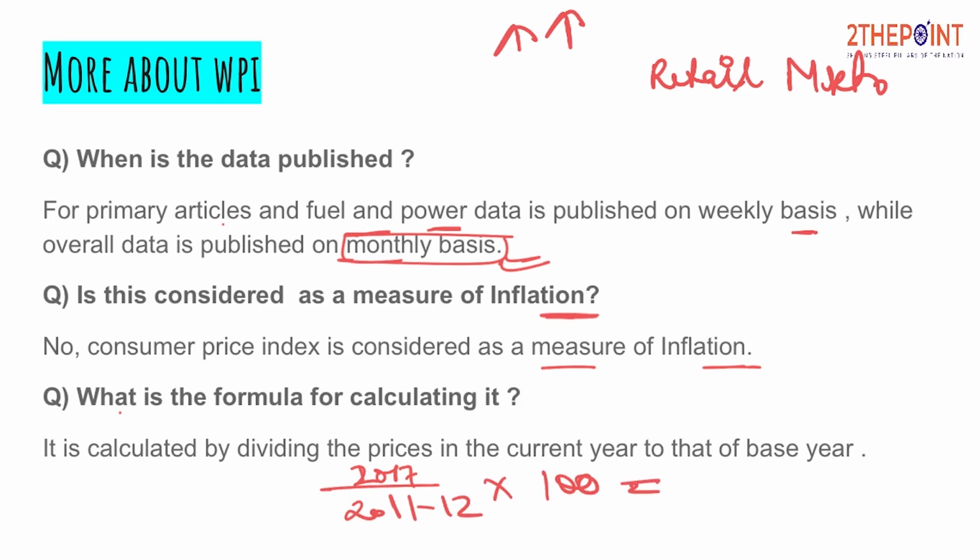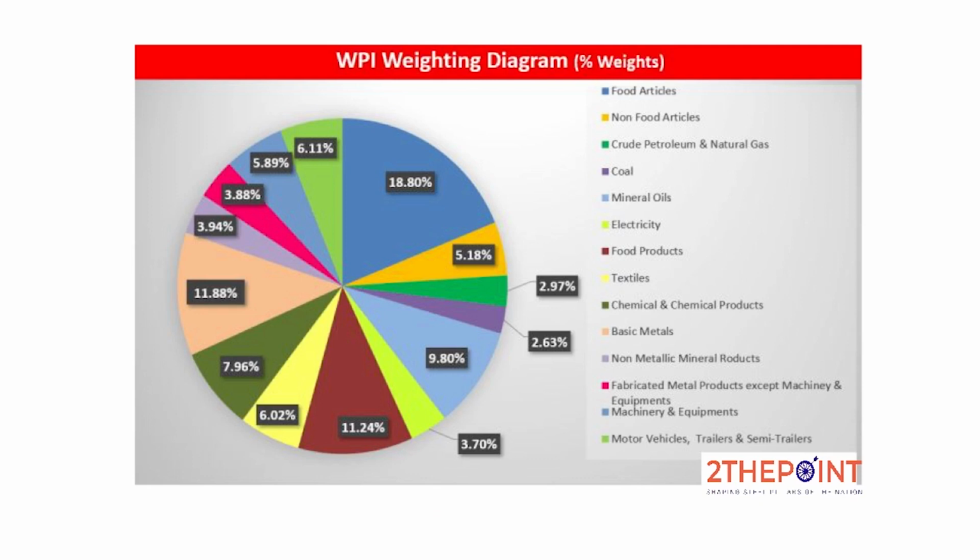Now this is a weighted diagram showing the weight of the three goods categories that we did, what percentage each of them holds. As I told you, food articles, non-food articles, crude petroleum and mineral oil all come under primary articles, and the further classification was food and non-food.